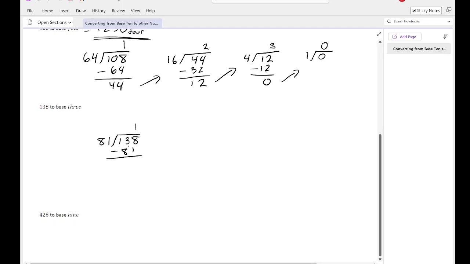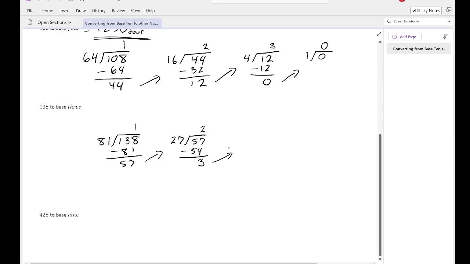Do the subtraction, get 57. Do it again. This was 3 to the fourth; now I'm going to have 3 to the third, so that's 27. 27 into 57 will be 2 times. That's going to be 54, which will give me a 3.